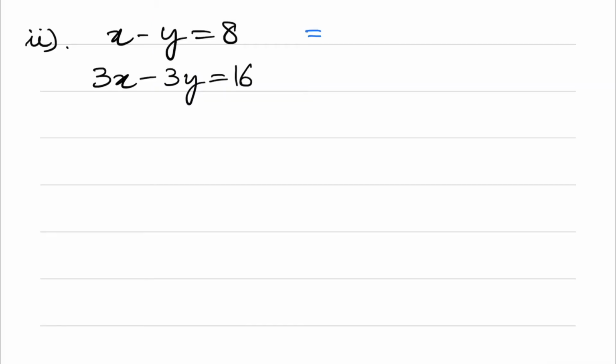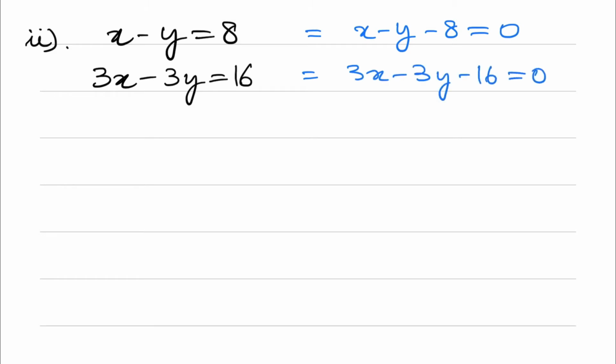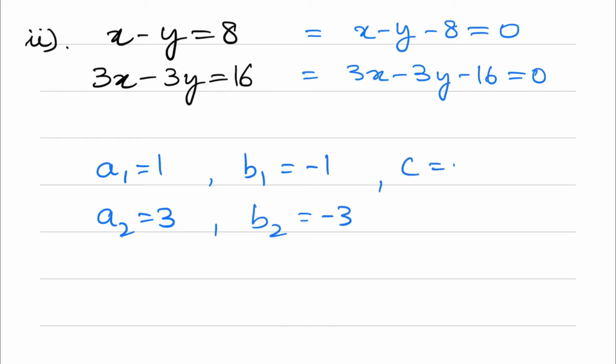So we have here x minus y minus 8 is equal to 0 and 3x minus 3y minus 16 is equal to 0. Let's write down the coefficients and the constant terms. So a1 is equal to 1, a2 is equal to 3, b1 is equal to minus 1 and b2 is equal to minus 3, c1 is equal to minus 8 and c2 is equal to minus 16.